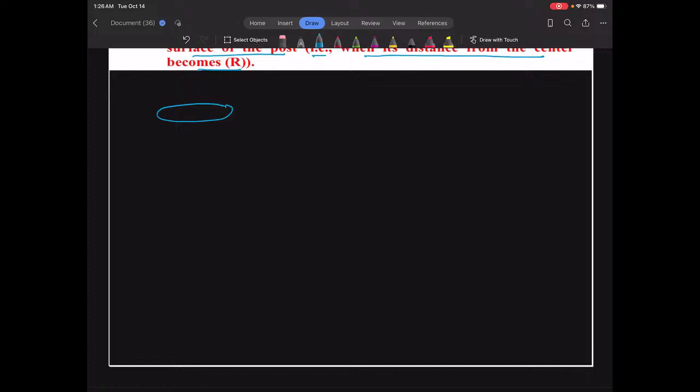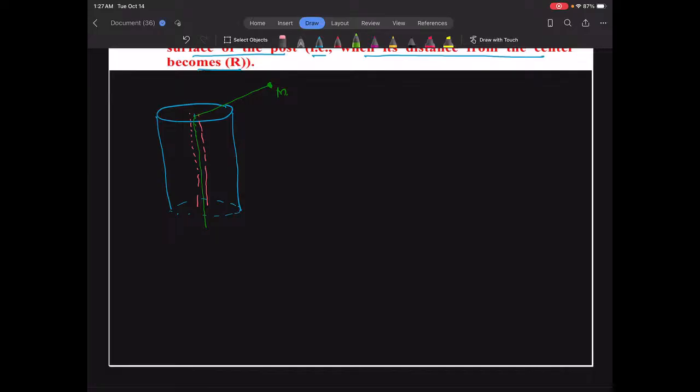Suppose this is our vertical post, and there is a small hole along the length of this post, and through this small hole there is a thread, and to which we have attached a mass, that is our m, and this thread is passed through the hole and we take it out from the bottom.